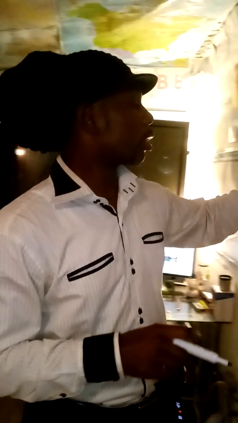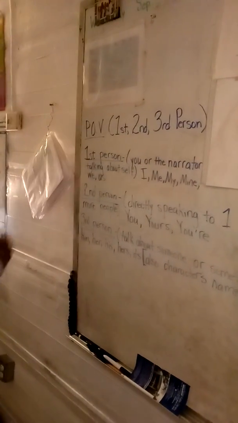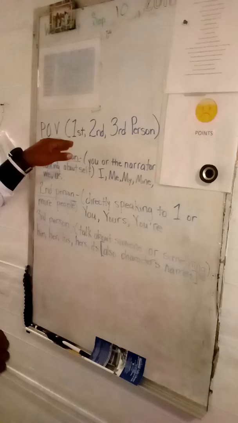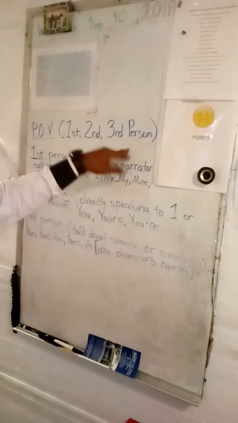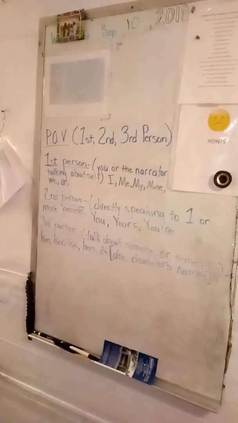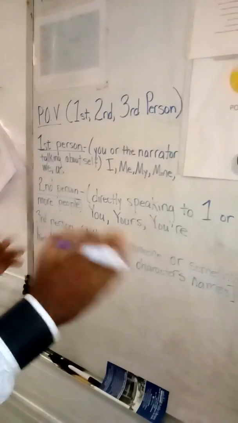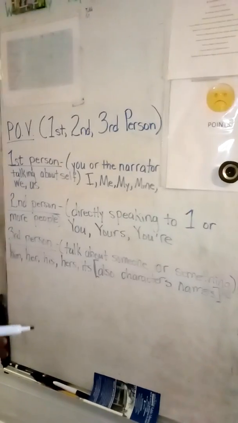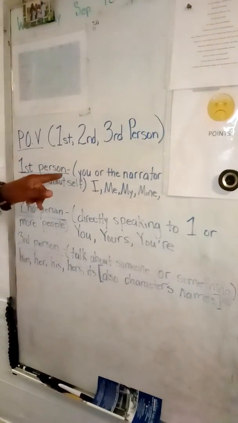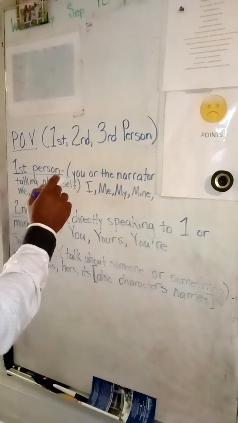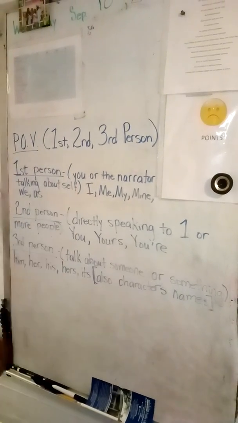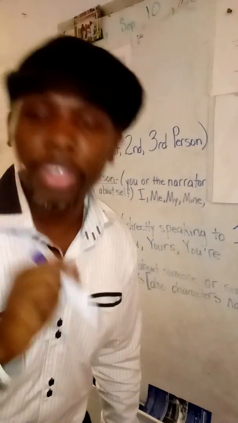Okay? So, right here, we're going to go over point of view and what kind of point of view? First, second, third person. Now, we need to know in what person is the author writing in. Right here. First person, okay, the first person is when you are the narrator.